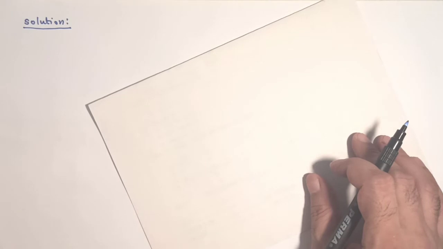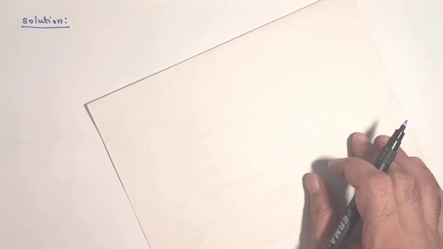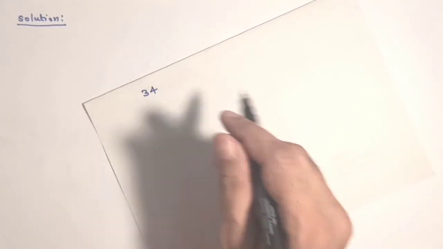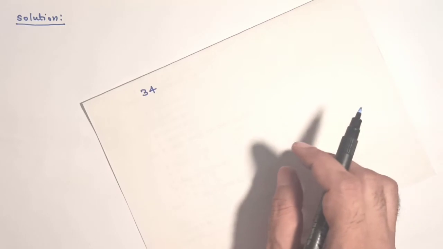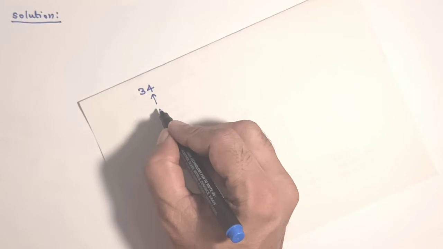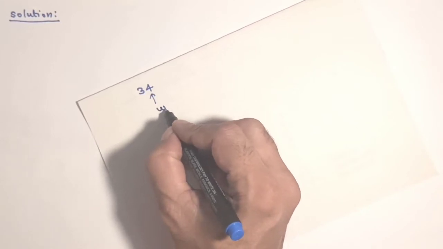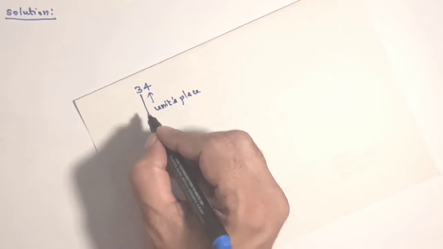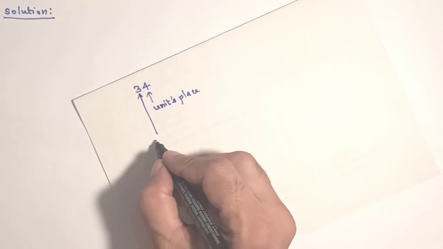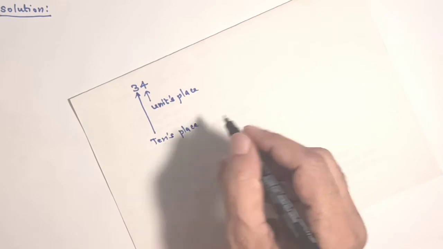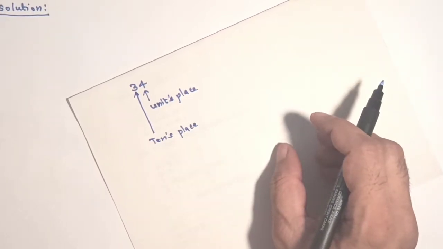Before I begin the solution, I just want to explain something about a two-digit number. Let's consider the two-digit number 34. In this number, the digit in units place is 4, whereas the digit at tens place is 3, and the number is 34.